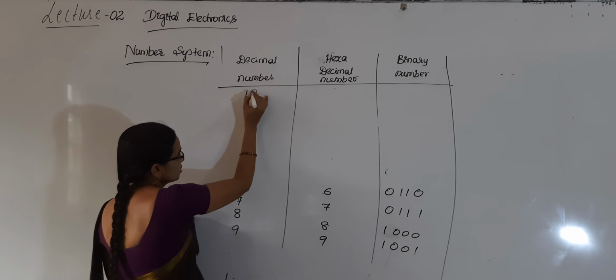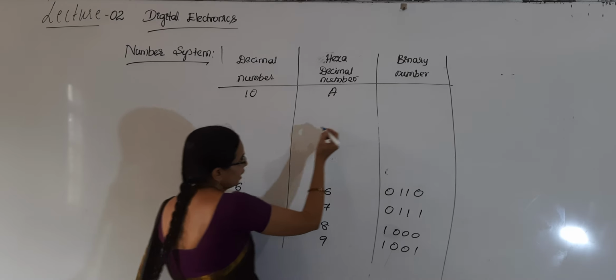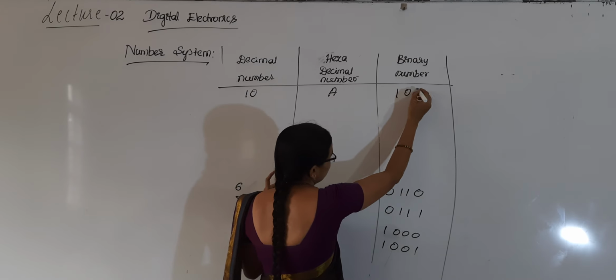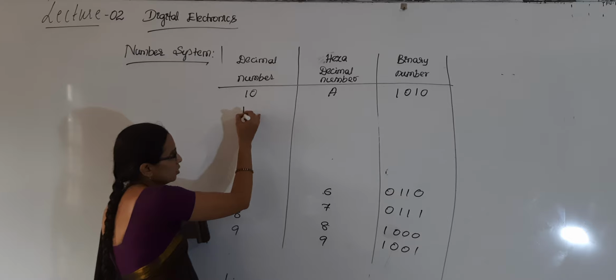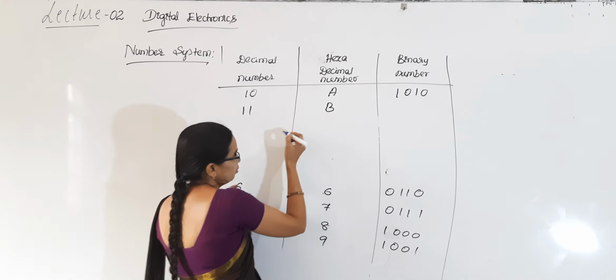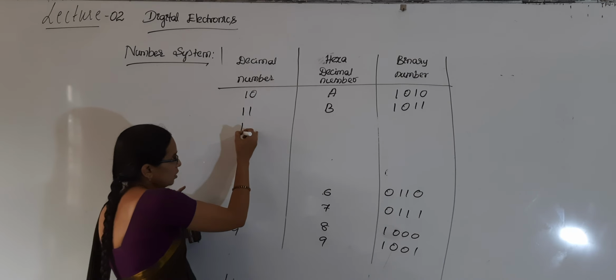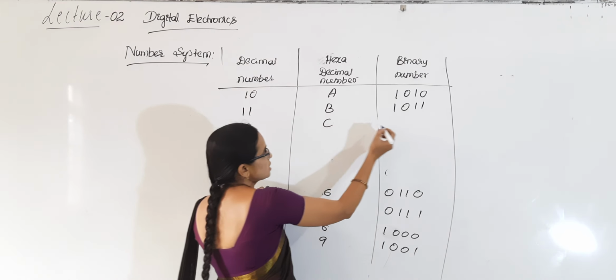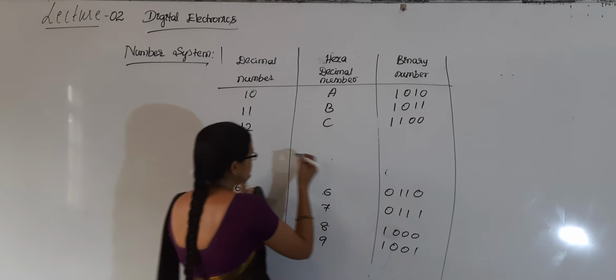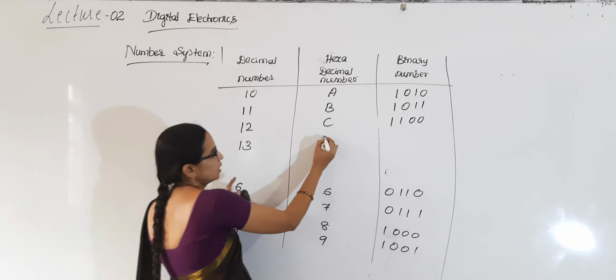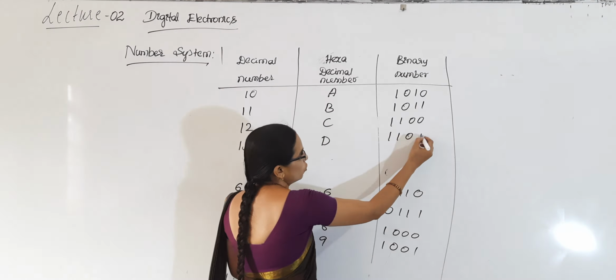For 10, in hexadecimal it is A, in binary it is 1010. For 11 in hexadecimal B, and in binary 1011. 12 is C, 1100, and for 13 it is D, 1101.